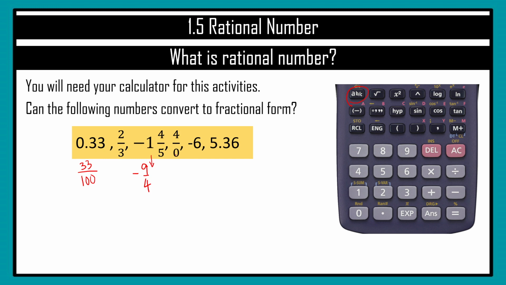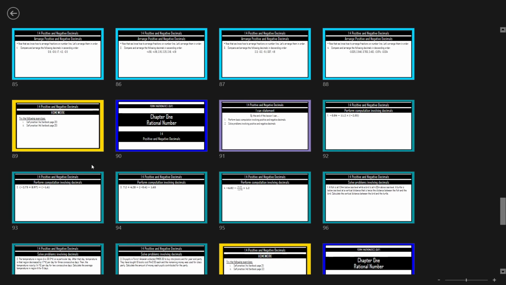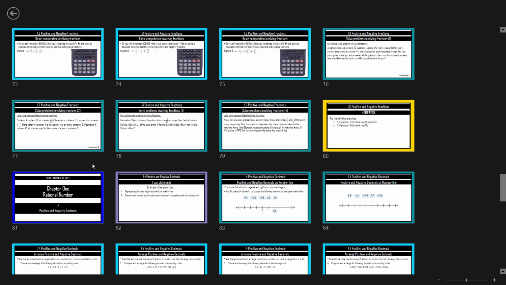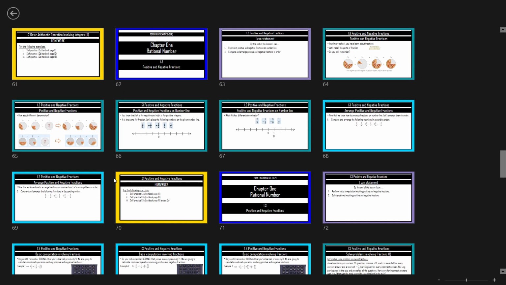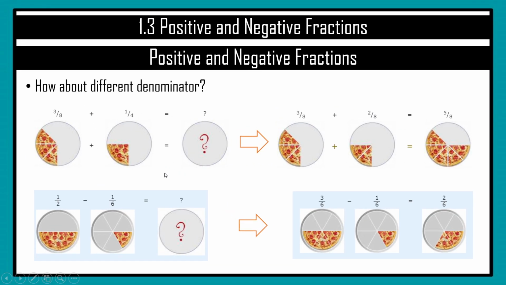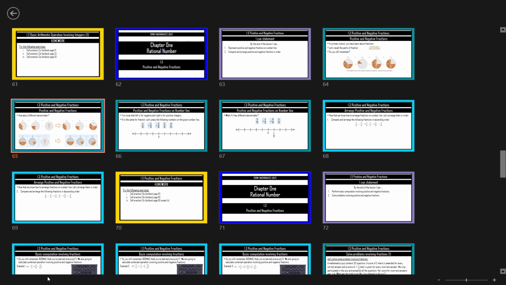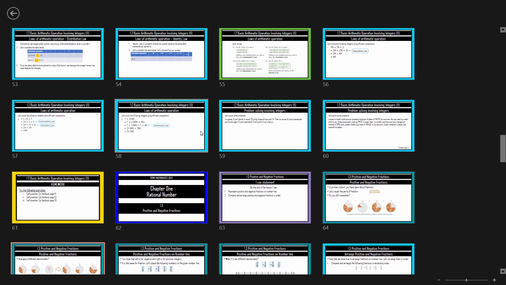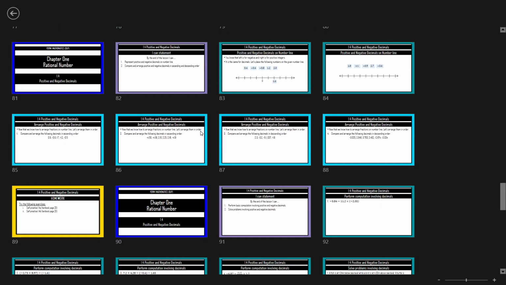And then 4 over 0. Do you remember that anything over 0 is not considered a fraction? The denominator cannot be 0.